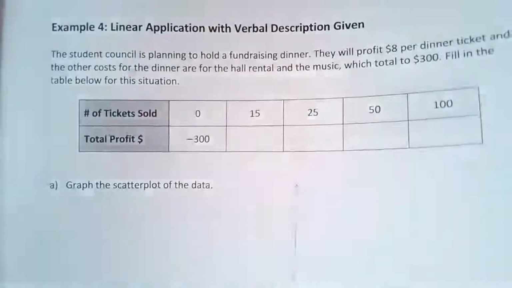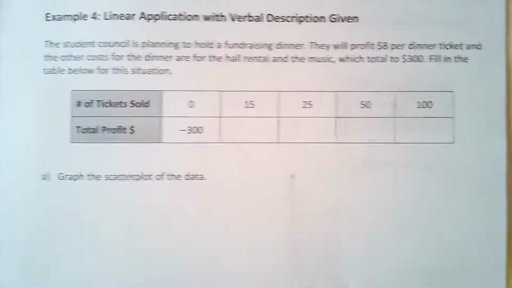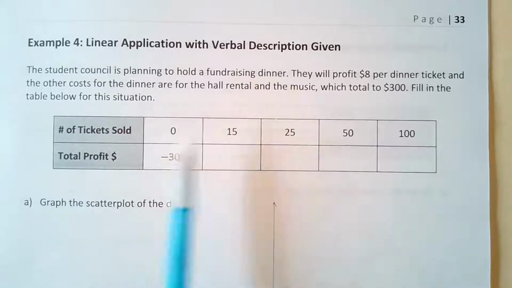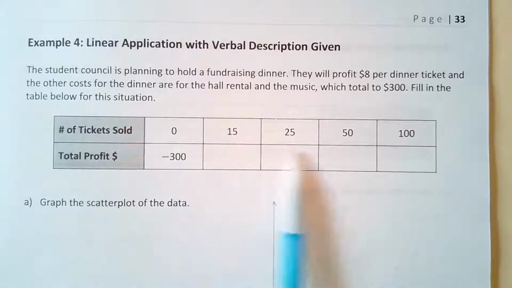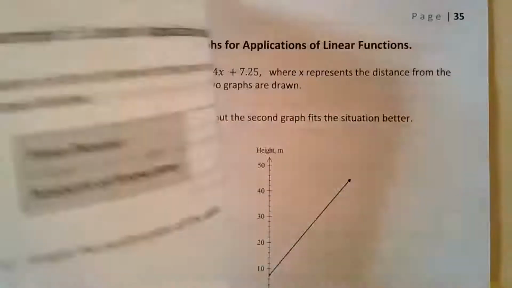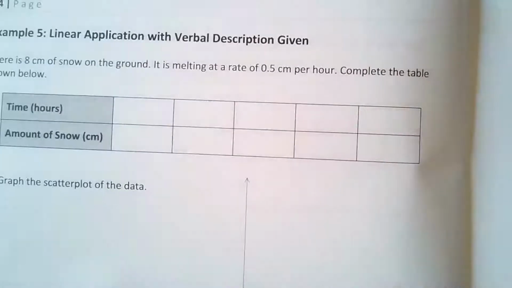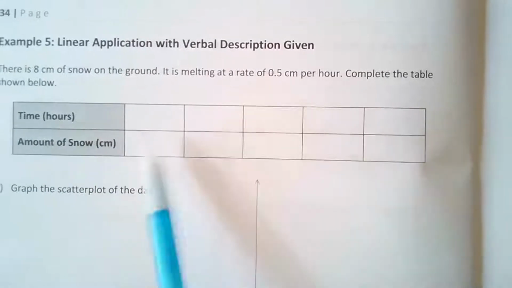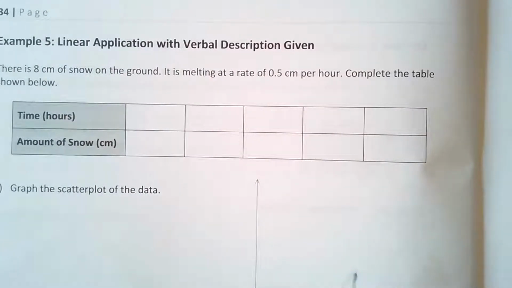Today, we are looking at solving a question when either a part of a table is given or a set of verbal instructions is given. We have a completed table of values.